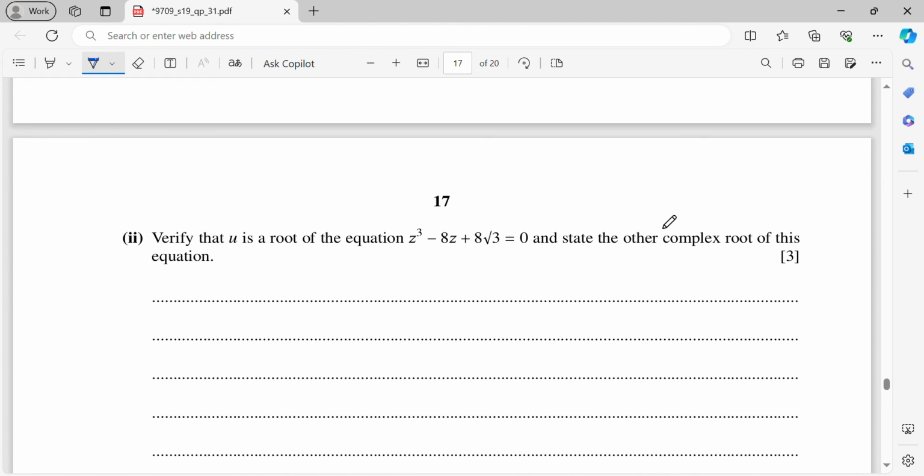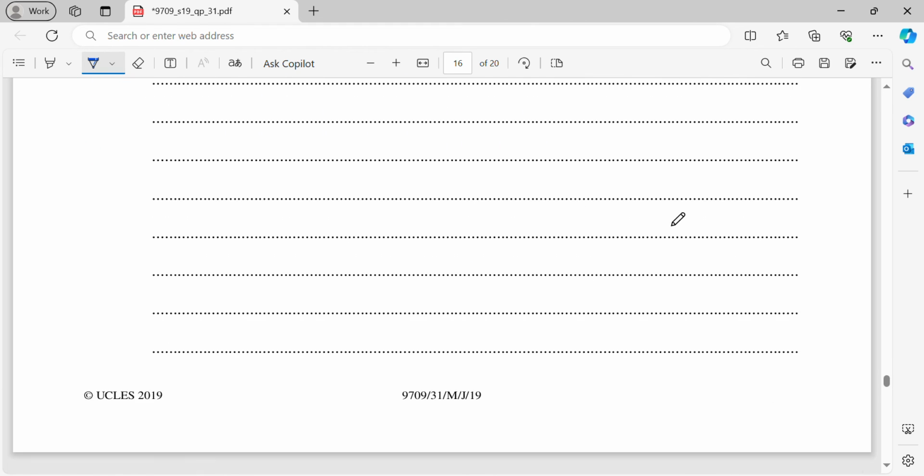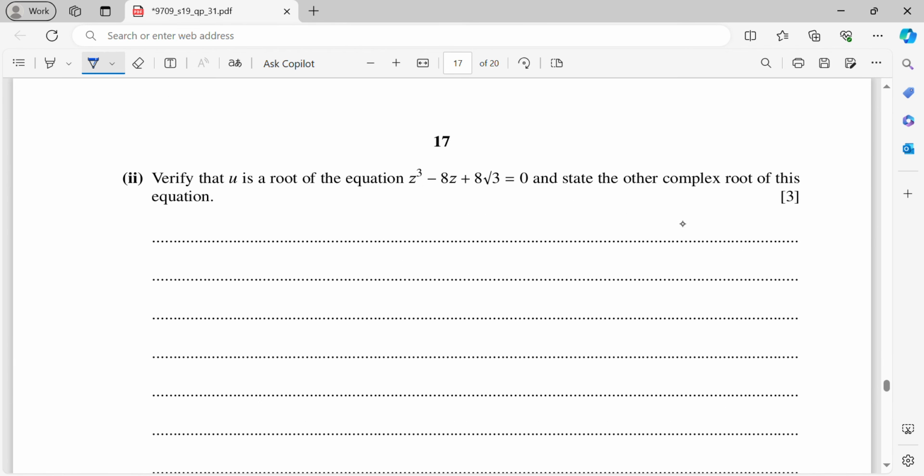Okay, let me check. Oh, here, part 2. Verify that u is a root of this equation and state the next complex root of this equation. So this is the first part. Now to verify means that it satisfies the equation, means that when I replace the z by the u, the result is 0. Okay, so your u just now is square root 3 plus i.